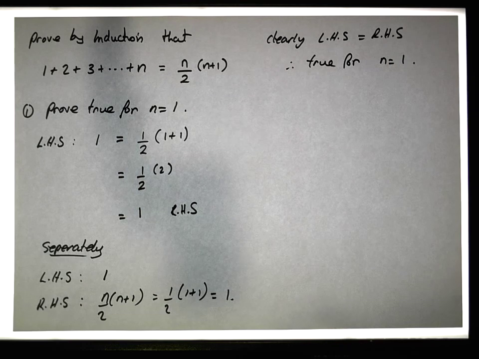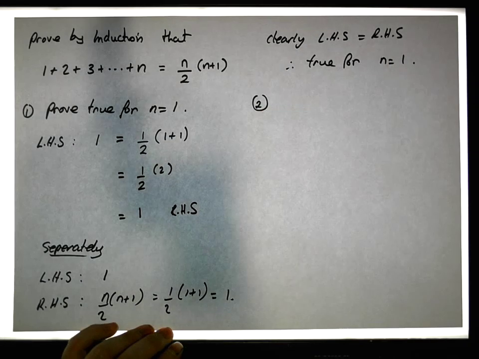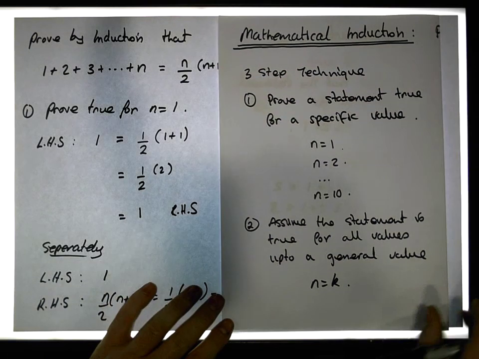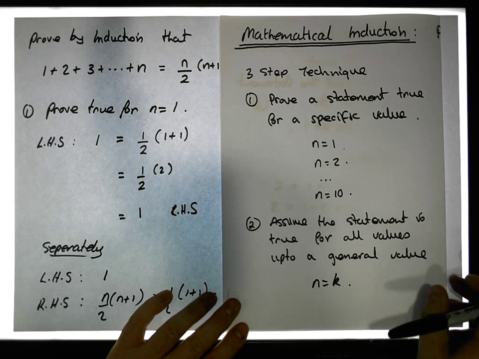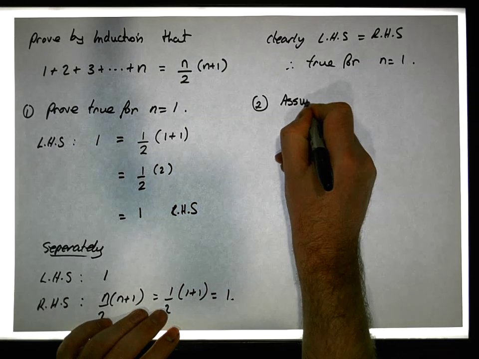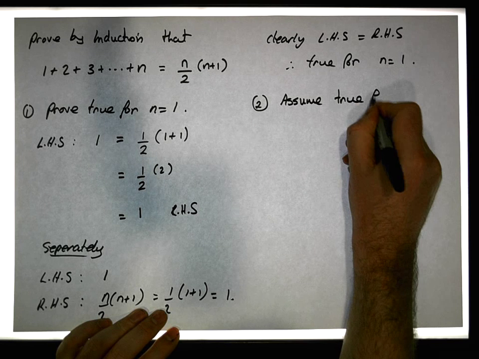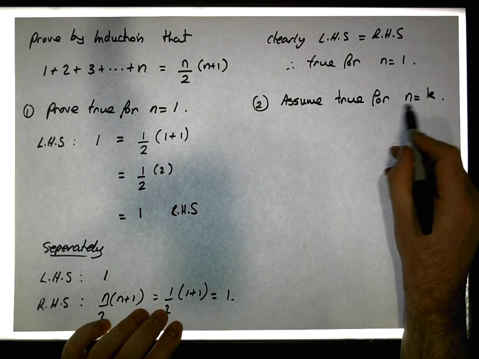That's our first step. Now let's assume step 2. Step 2 in this process is that we assume the statement is true for all values up to a general value k. So we're going to assume true for n is equal to k, the summation of all the values up to k.